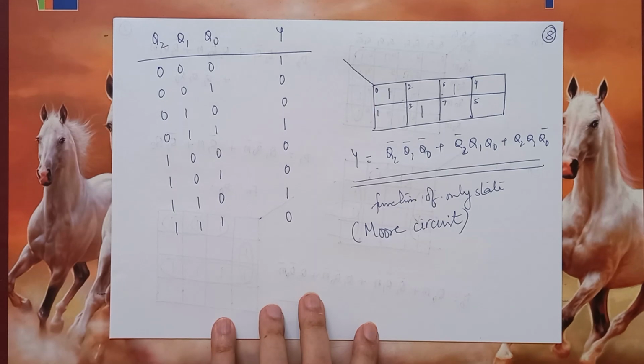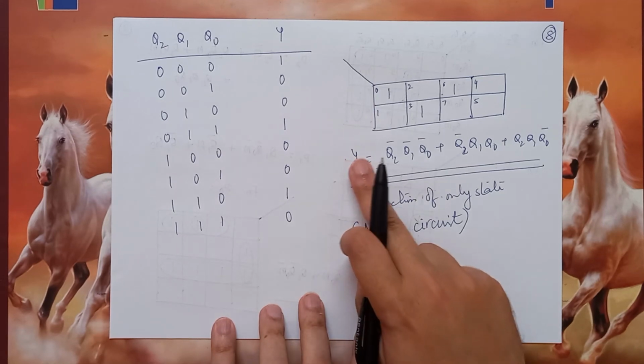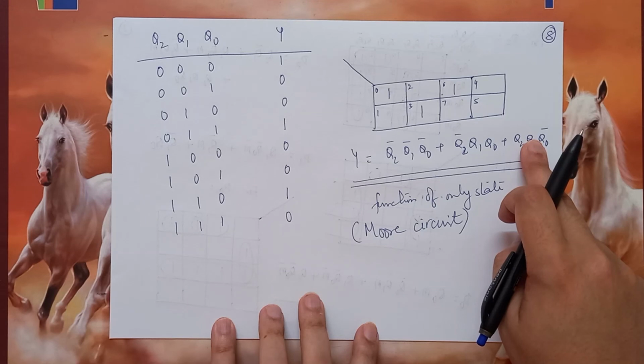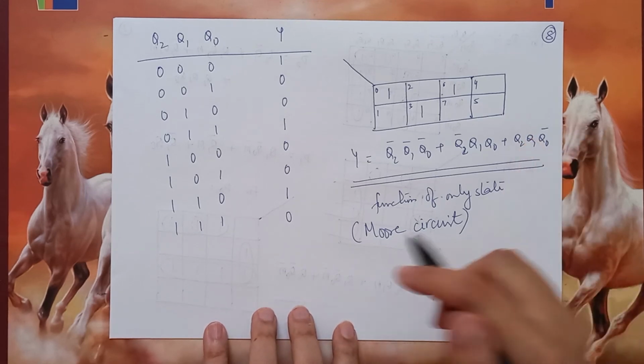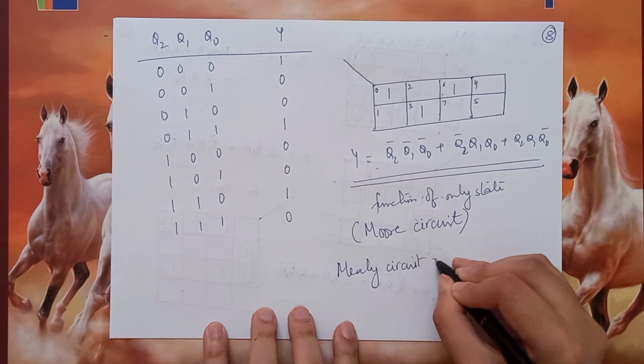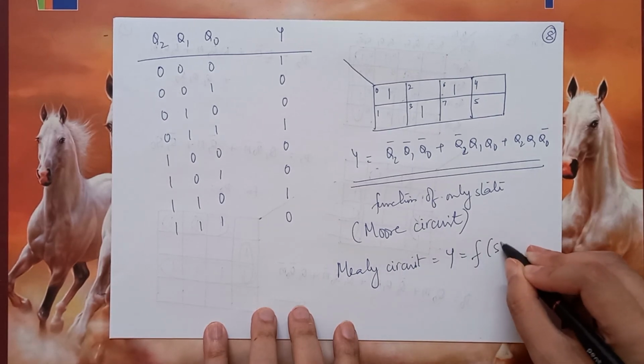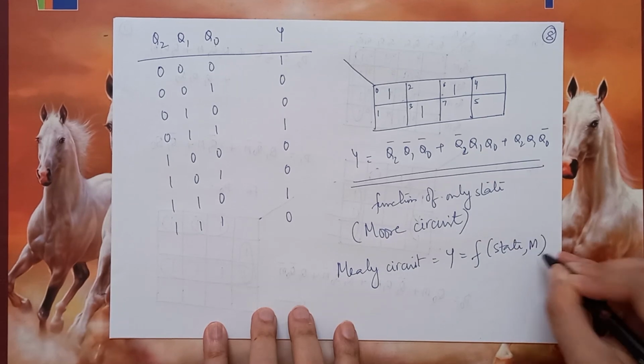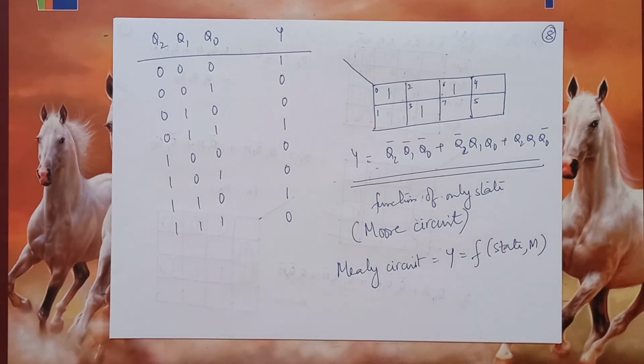Of course, there can be circuits where Y depends not just on the state but on the user input M also. Those are called Mealy circuits. In this particular example, we saw a Moore circuit, but in general, you may come across Mealy circuits also. These are essentially two different kinds of synchronous sequential circuits, Mealy and Moore.